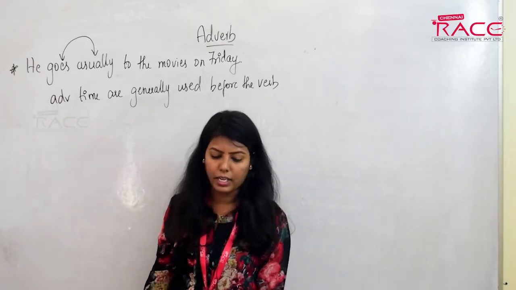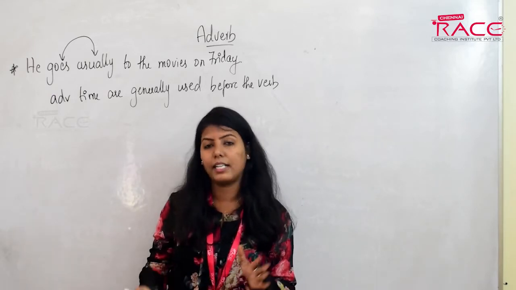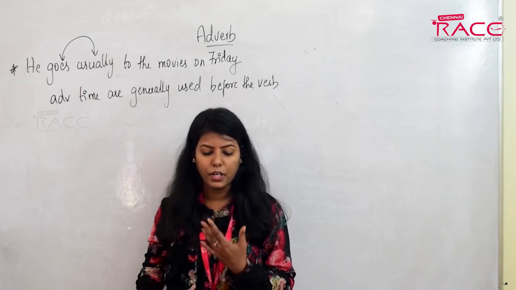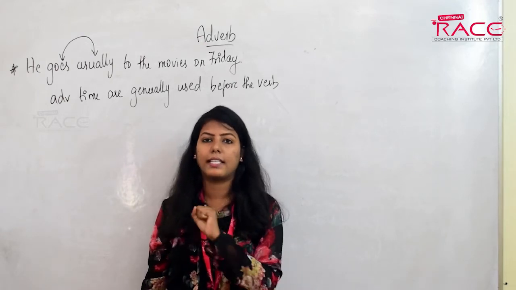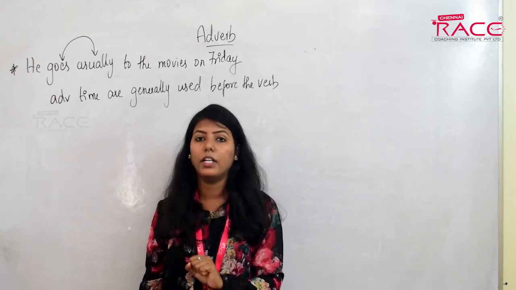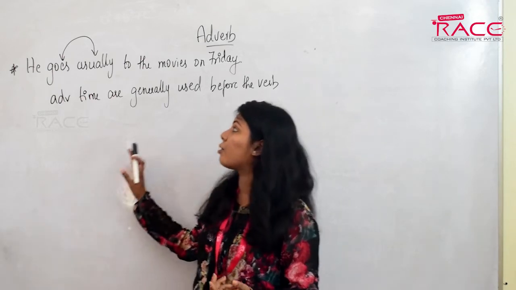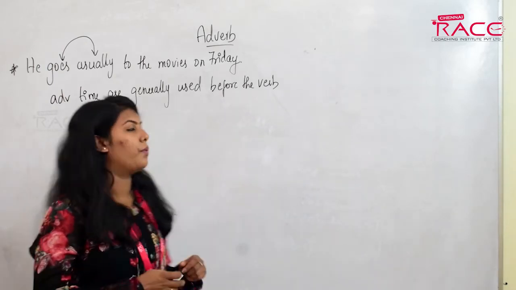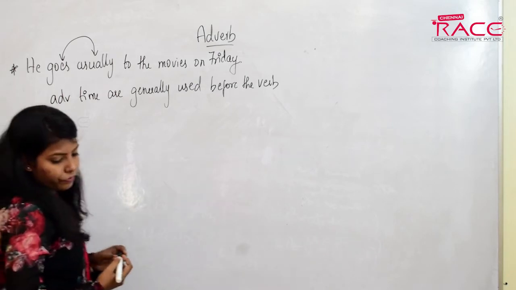Such words are always, often, already, just, never, ever, sometimes, frequently, generally, recently, usually, seldom, rarely, hardly. So these are some of the adverbs of time that should be used before the main verb. Okay, next rule I'll tell you.